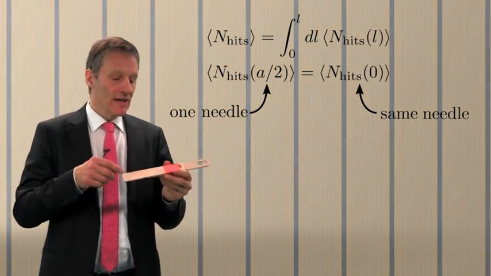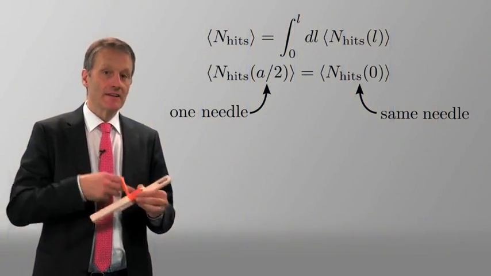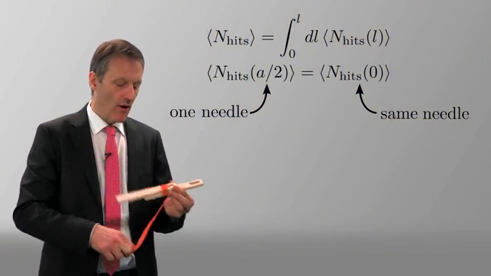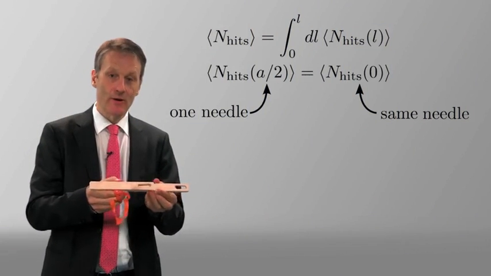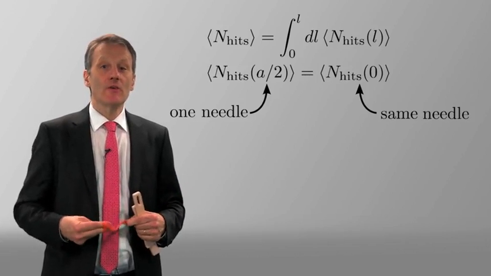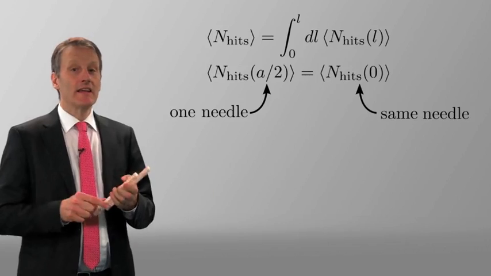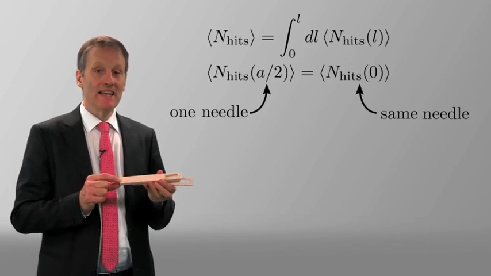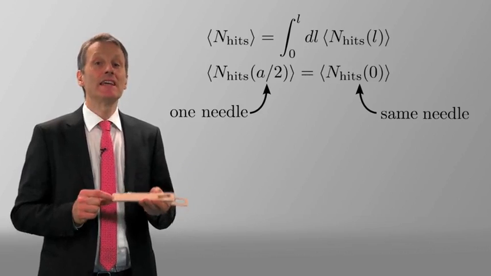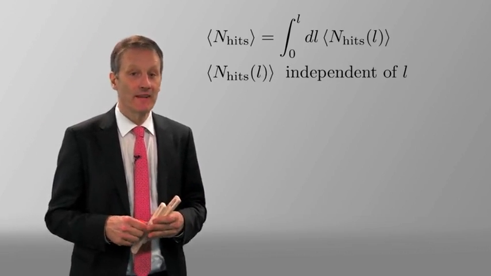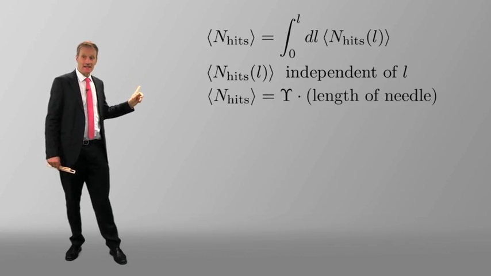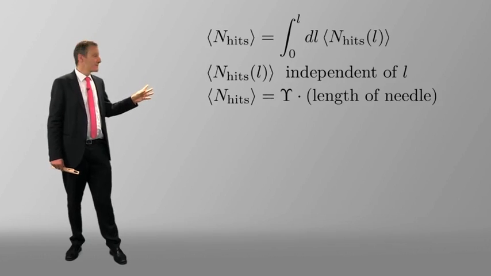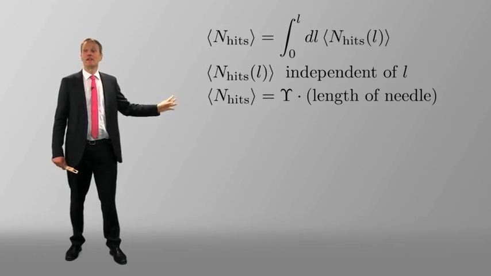Now we could glue together the needles at different parts, like this, or like this, or like this. And we prove like this that the hitting probability, n hits of L, must be independent of L. And by this we can prove that n hits is equal to a constant times the length of the needle.